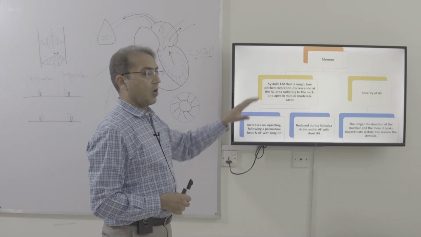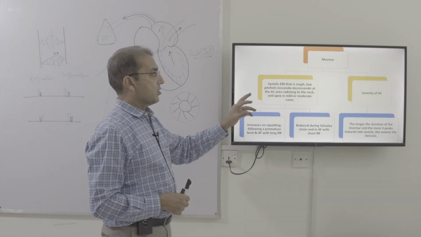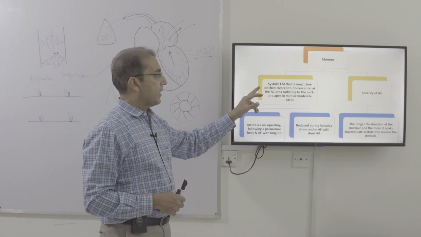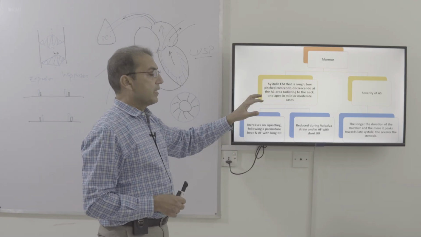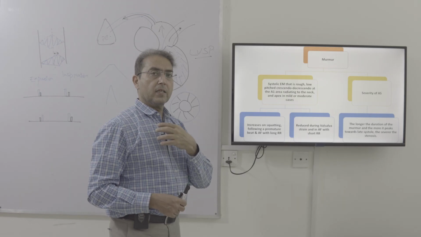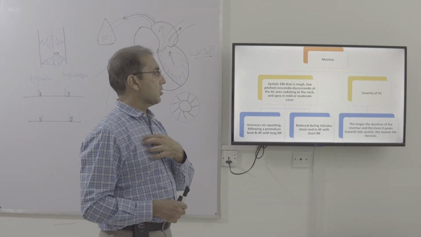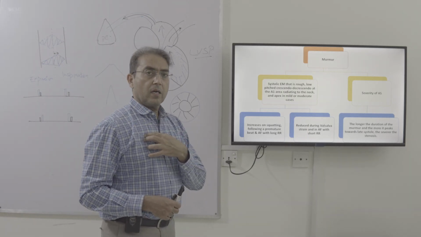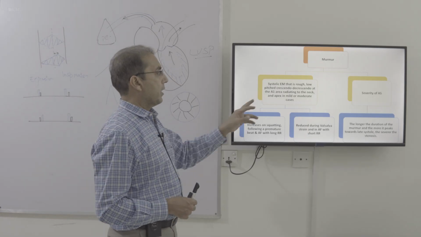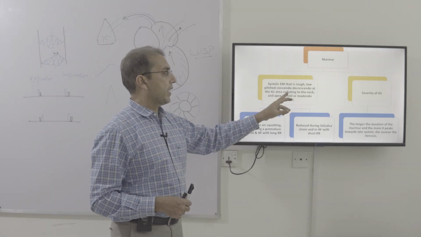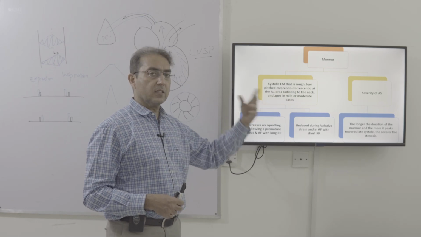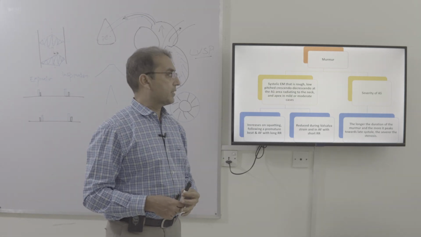We have a systolic ejection murmur that is rough, low pitched, crescendo decrescendo, a kite shaped murmur. It is best heard at the right second intercostal space alongside the sternum. This is called the aortic area, and this murmur may radiate to the neck, and in milder cases it may also radiate to the apex.